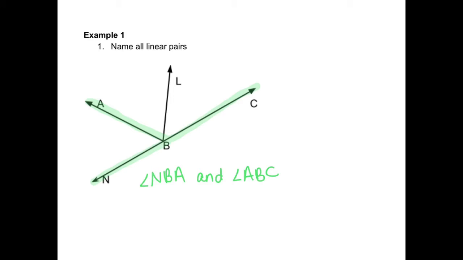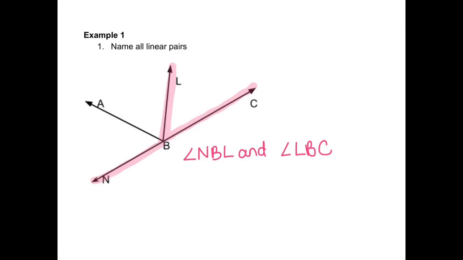One set of linear pairs would be angle NBA and angle ABC, sharing this common side of ray BA. And another set of linear pairs would be angle NBL and LBC, sharing this common side of ray BL. So notice in this example we're ignoring ray BA, and in the green example we were ignoring ray BL to create the linear pair.